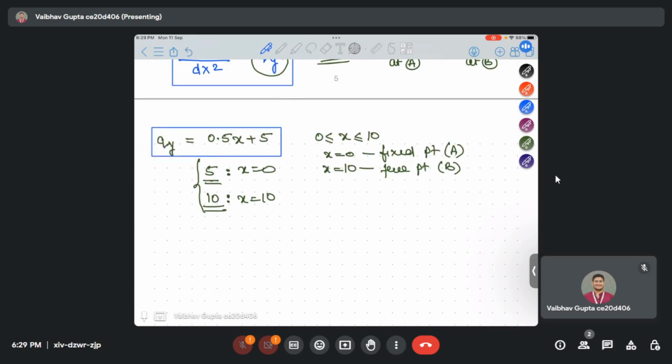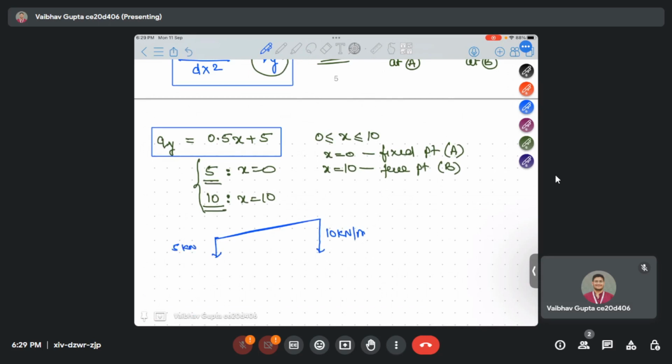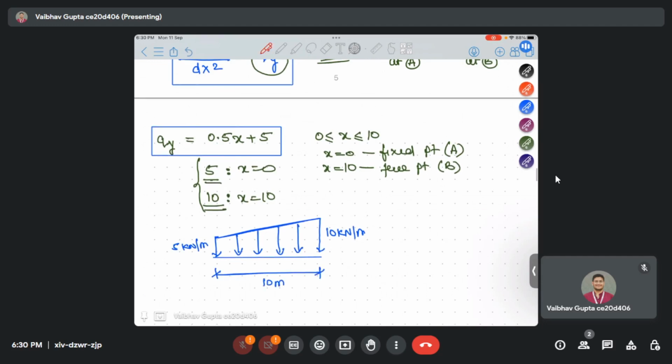how to derive this expression? I'll show you. This is the loading given to us, and this is 10 meter. So what is the slope I will get for this line?